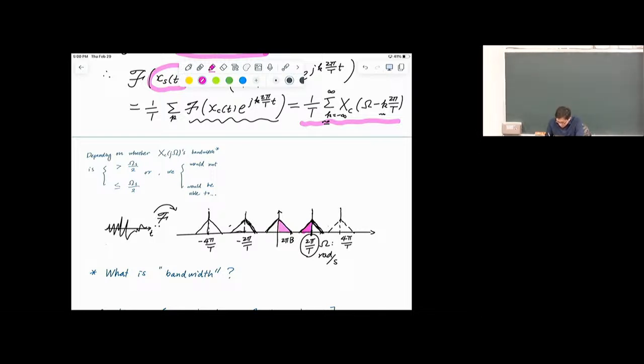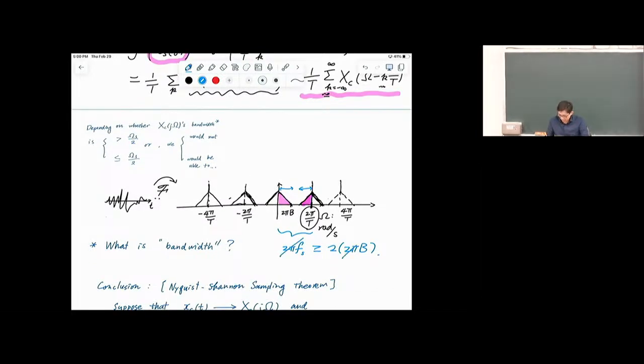So this is basically 2 pi times our sampling frequency. It turns out that 2 pi times our sampling frequency needs to be larger than this width plus this width, that's larger than 2 times 2 pi B. That's the criterion.